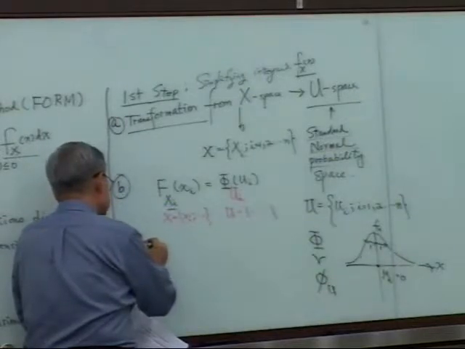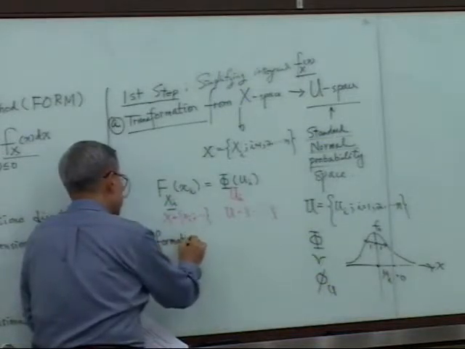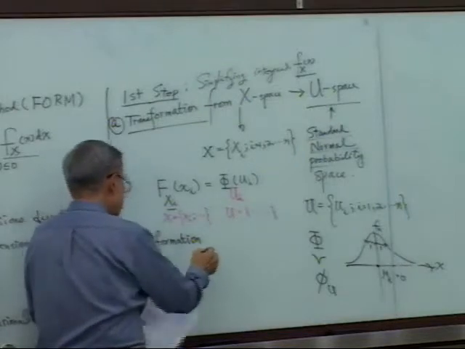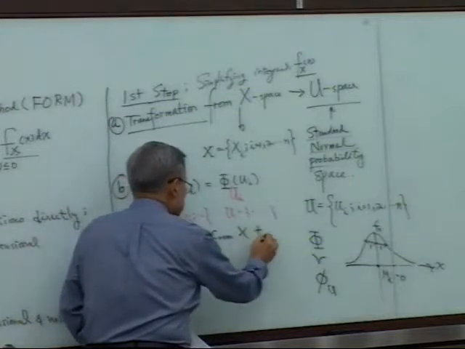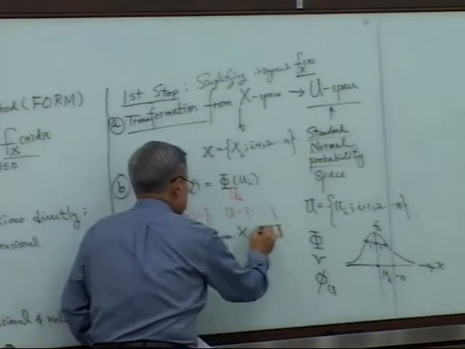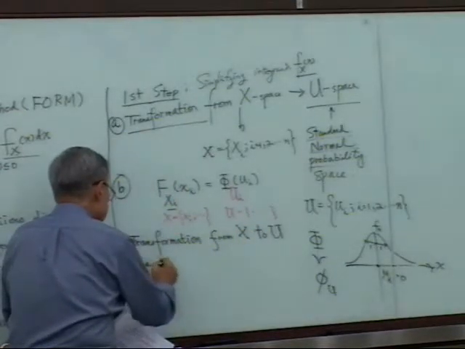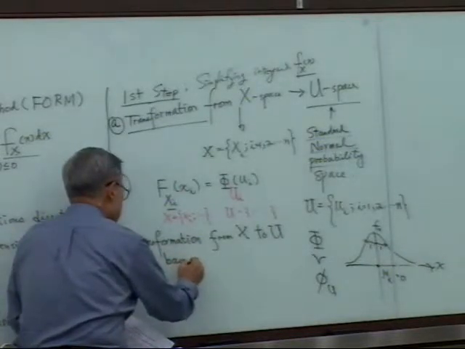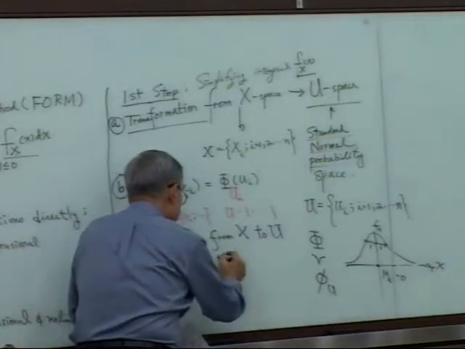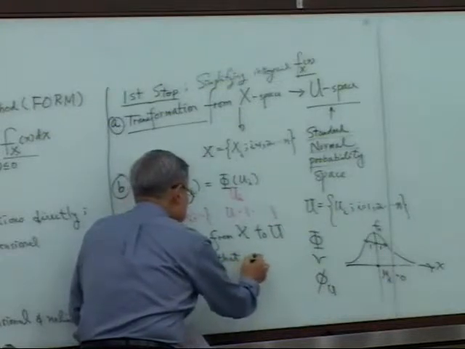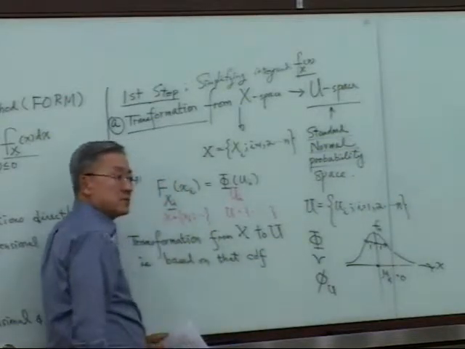I'm going to make the statement over here. The transformation from X space to U is based on the condition that the cumulative distribution function, we use the CDF, right?